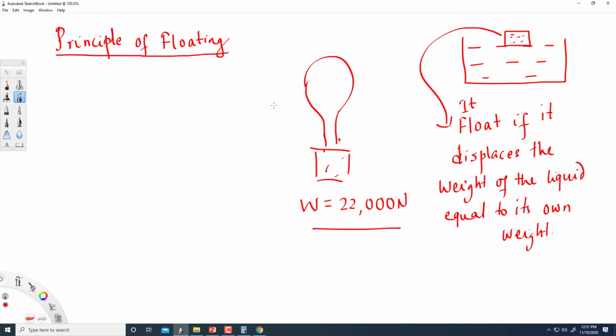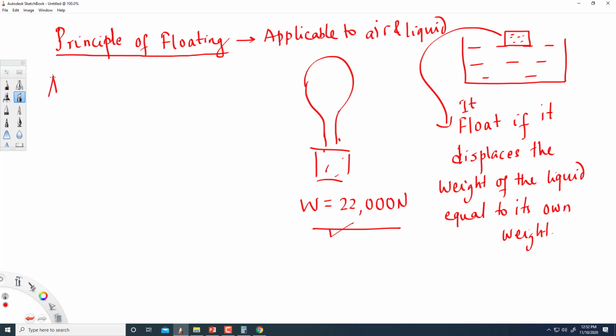This principle is applicable not only to water or liquid, it is also applicable to air. So the balloon has to displace that much air in order for it to float.